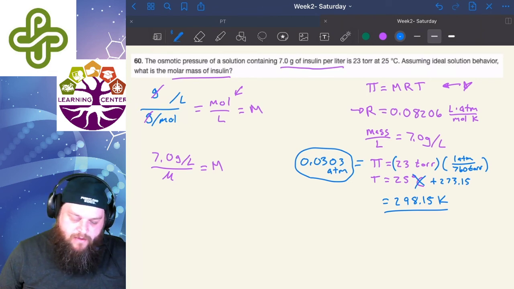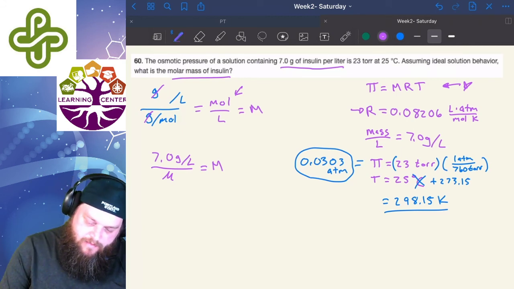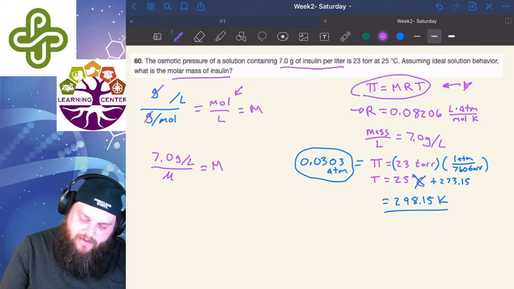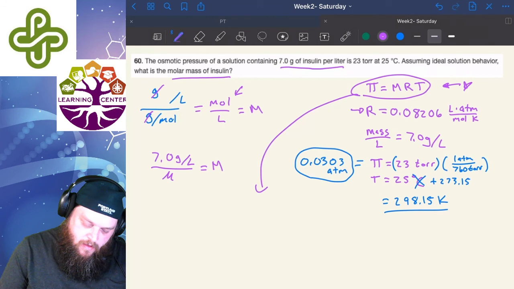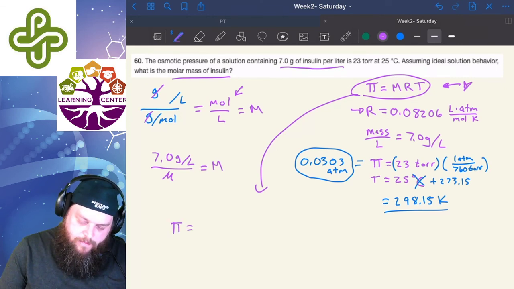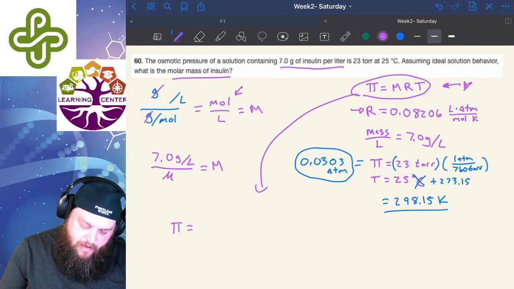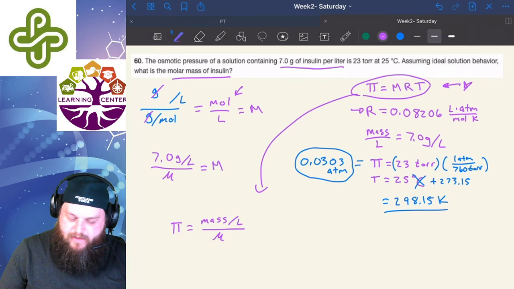But we want to rearrange things a little bit. So I'm going to rewrite this equation where the osmotic pressure is equal to, instead of molarity, I'm going to plug in this idea of my mass per liter divided by my molar mass.